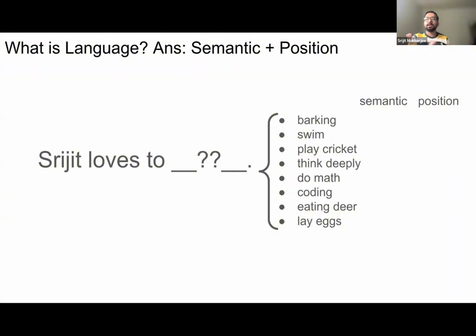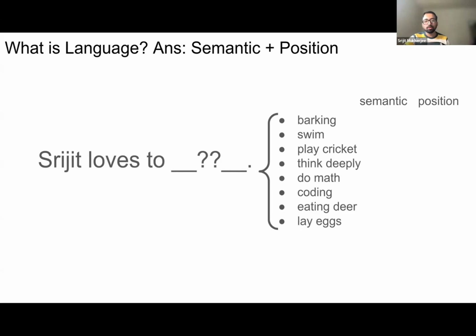Yes, but I'm just giving examples of what language is here. It can be one word or two words, but I'm putting out the understanding here rather than being very specific about how many words. So it can also be "think deeply".